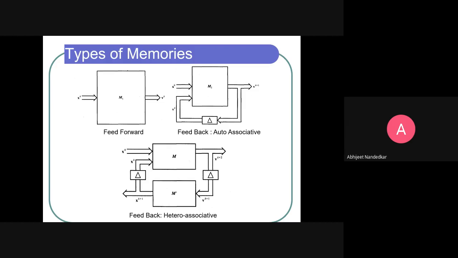Now, the types of memories that we have in artificial neural networks. The first one is very simple, feed forward. You will supply input xk and then the corresponding vk will come out. Then there is a feedback kind of network. You will supply, say, x0 for timestamp 0, and it will produce some output.